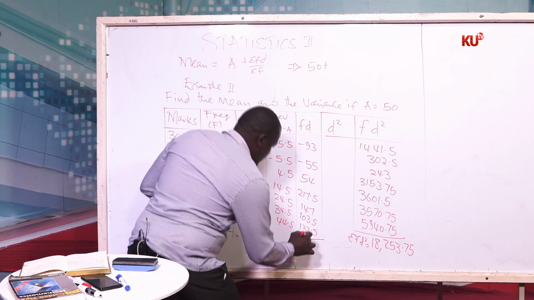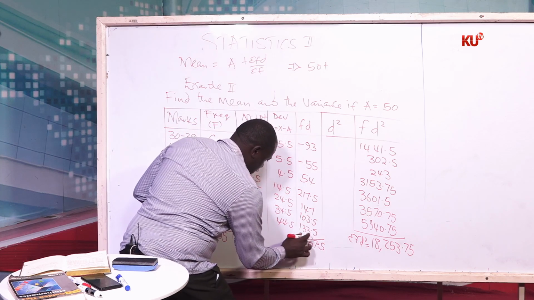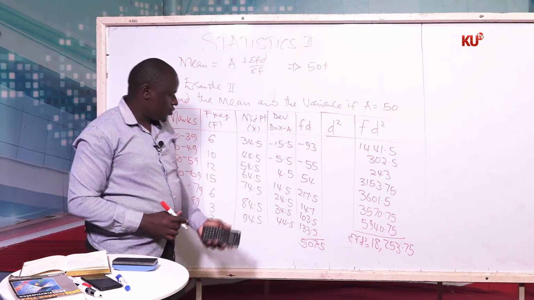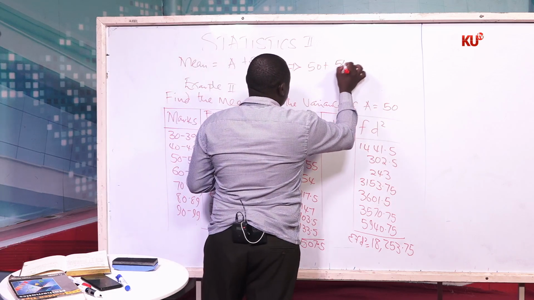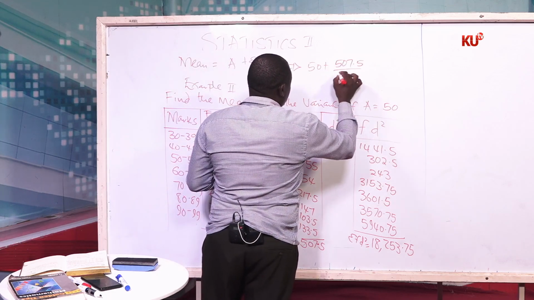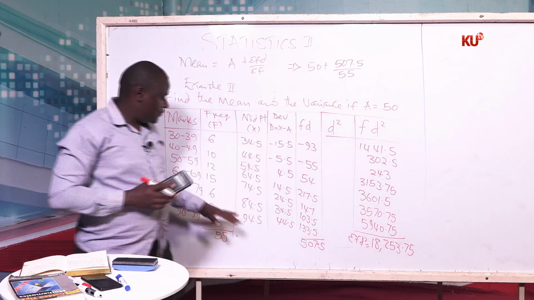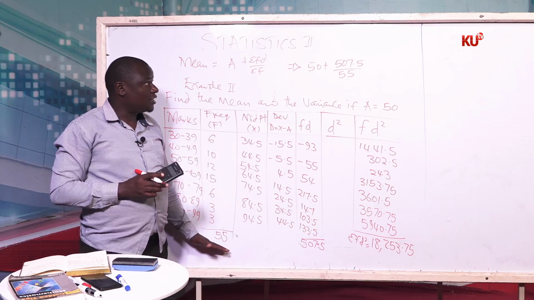It's coming to 507.5 if you add these values. If that is it, then it's 50 plus 507.5 divided by 55. Why 55? 55 is the number of entries, the number of students that we have in this class.